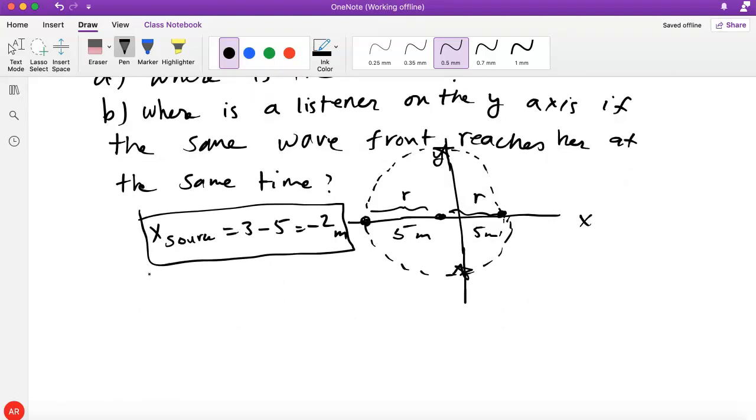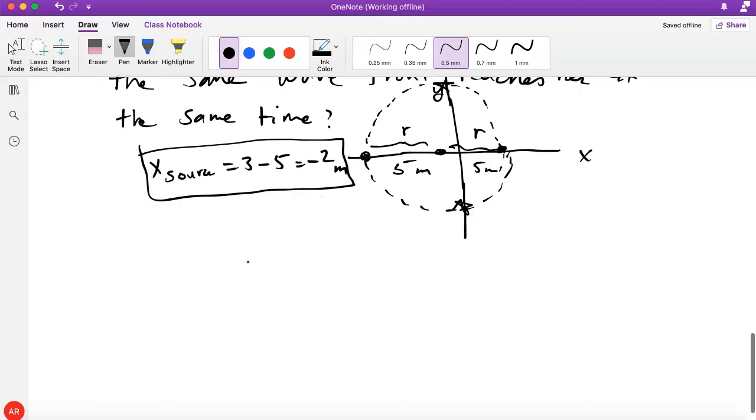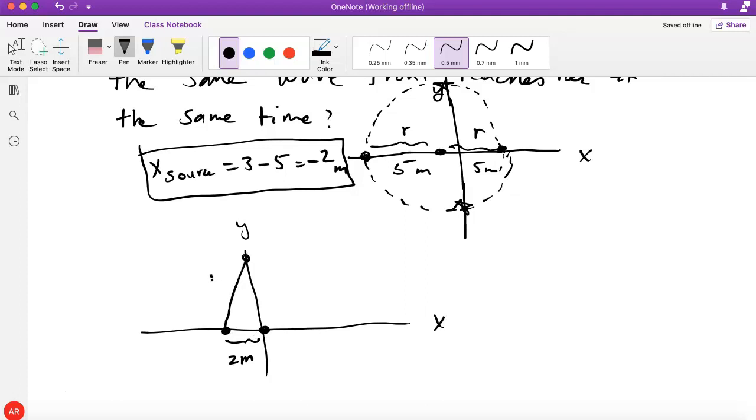Well, we know the radius, right? So let me draw a picture again. The x and the y-axis. I know if that's the source, from here to here I have 2 meters, right? The source we just found is at -2. We know the radius is 5. So from here to here, I have 5.